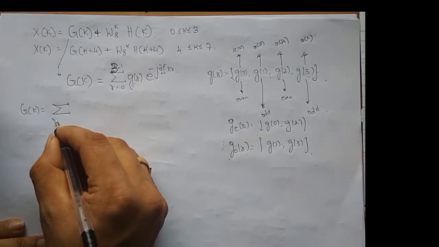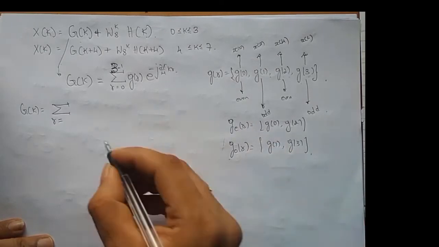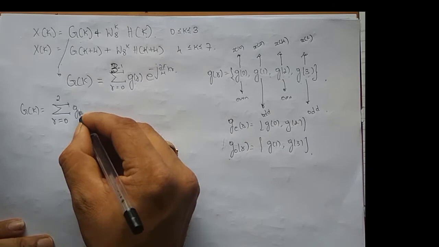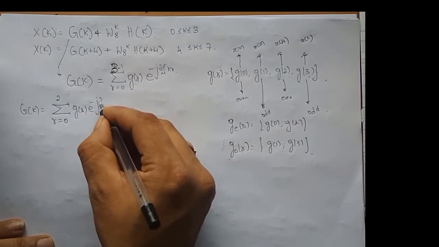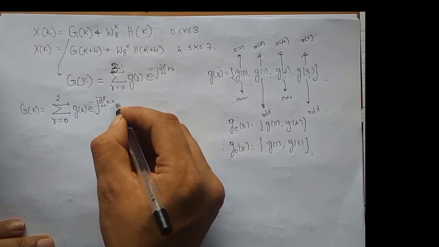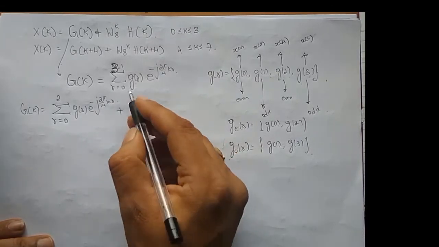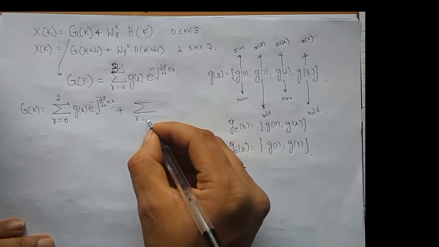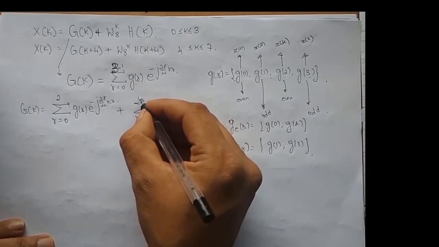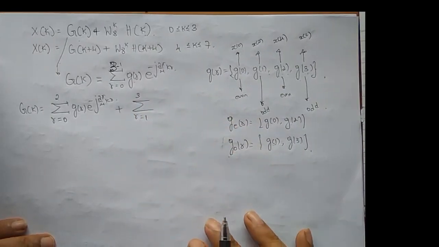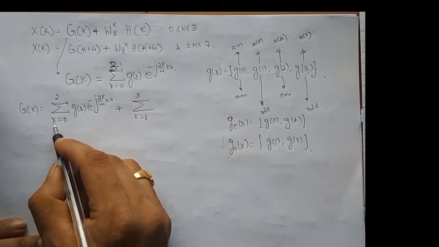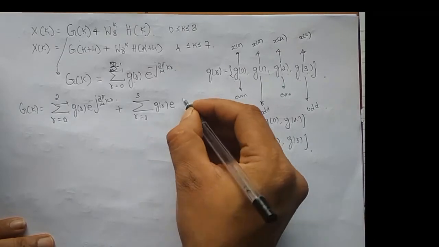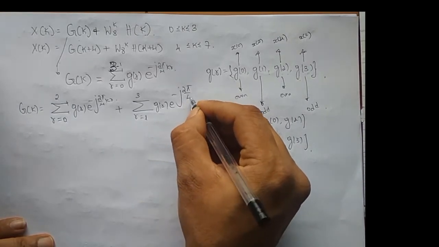Summation r varying from 0 to 2 for the even index, g of r e power minus j 2 pi by 4 into k into r, plus summation r varying from 1 to 3 for the odd index. So this takes only 1 and 3, and the first takes only 0 and 2, g of r into e power minus j 2 pi by 4 into k into r.